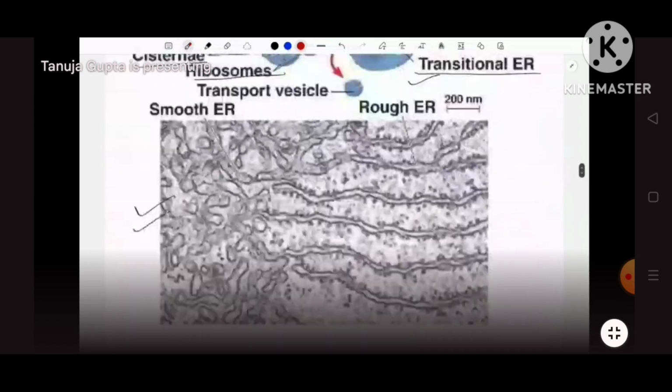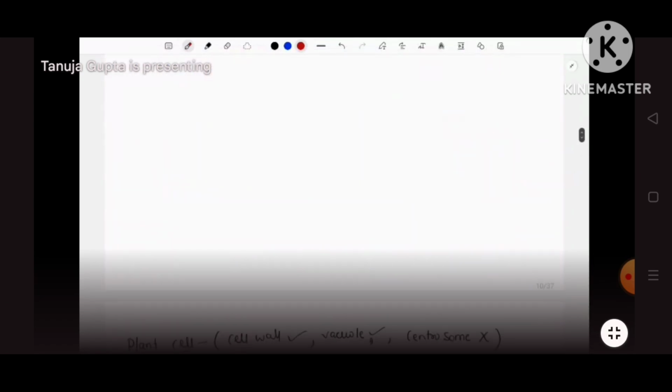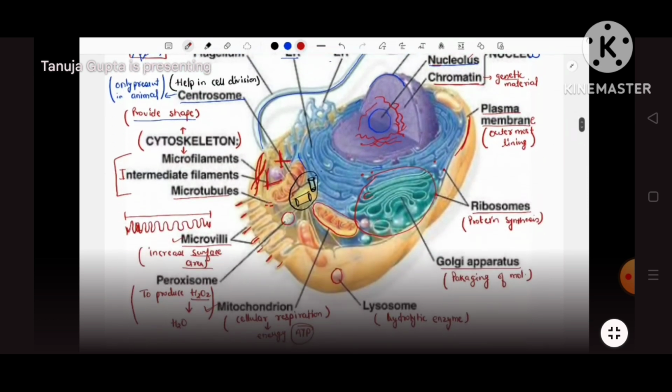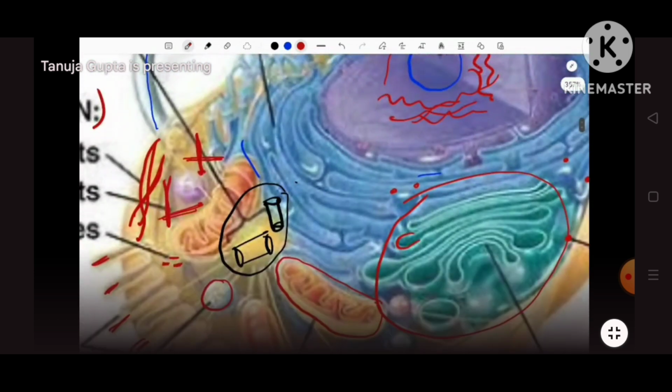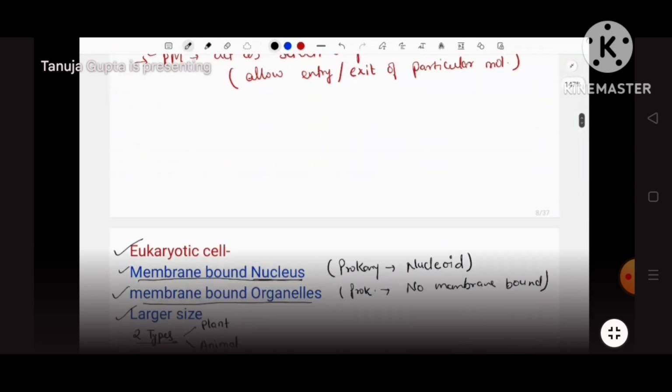Let me revise that for you, if you remember. One minute, let me show you. Do you remember this structure? I told you it is the centrosome, which is always present nearby the nucleus.